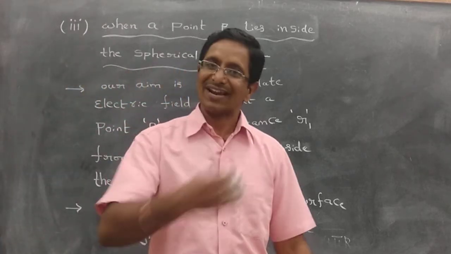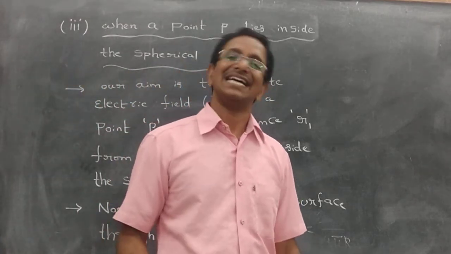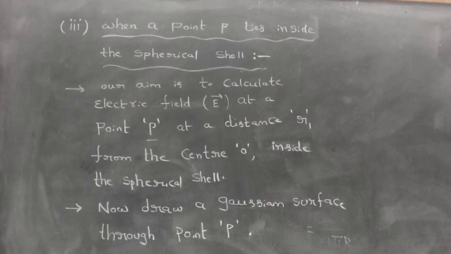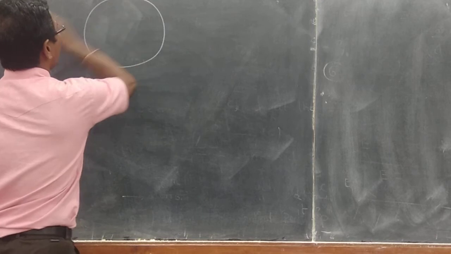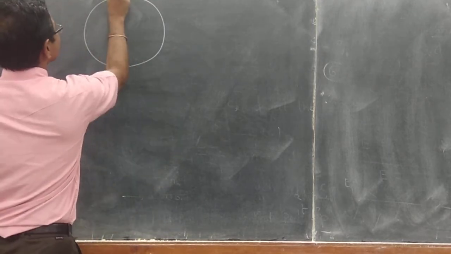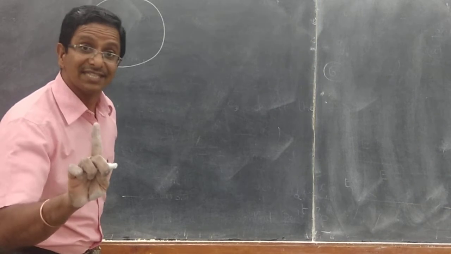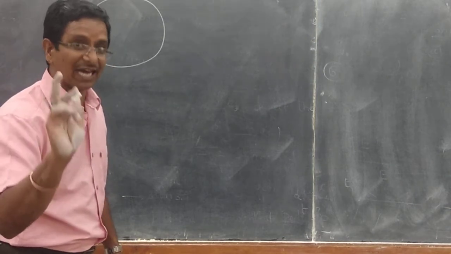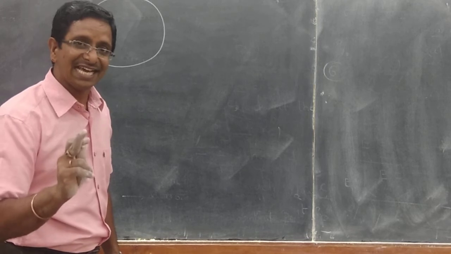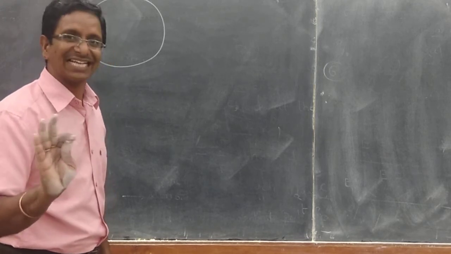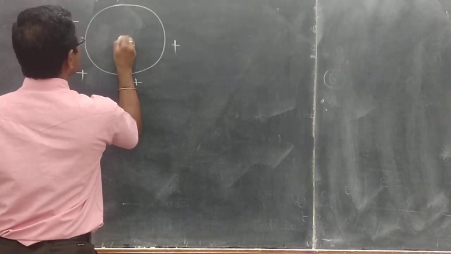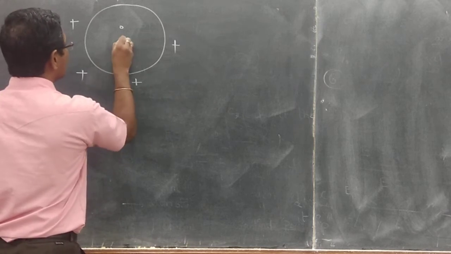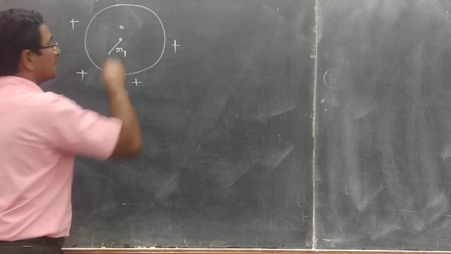Now I can draw that diagram, then you can understand better. I draw a sphere. The charge is on the sphere but not inside the sphere. Please note that point. This is center O. I will draw a radius R1.